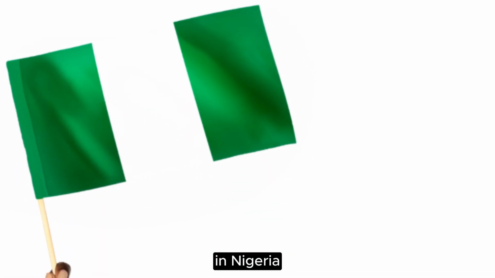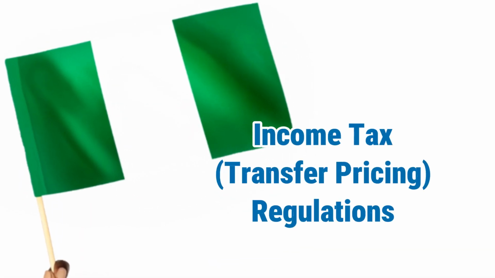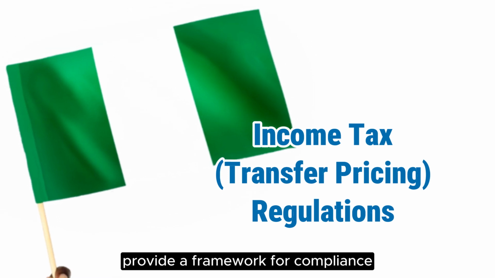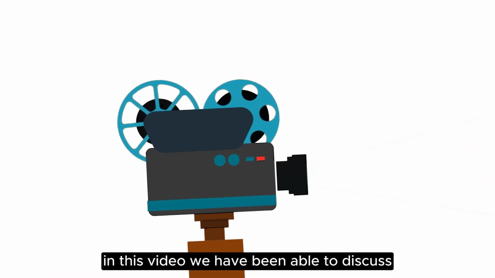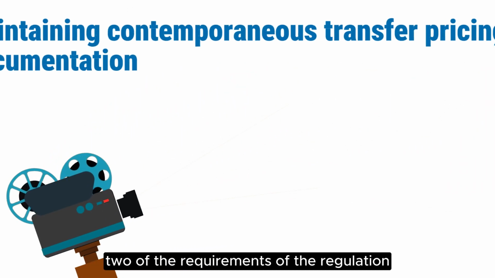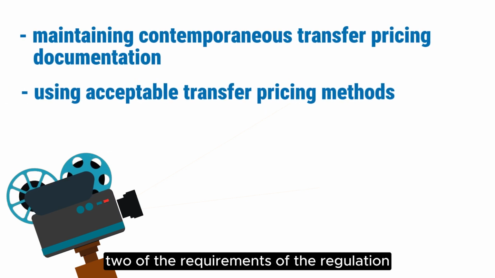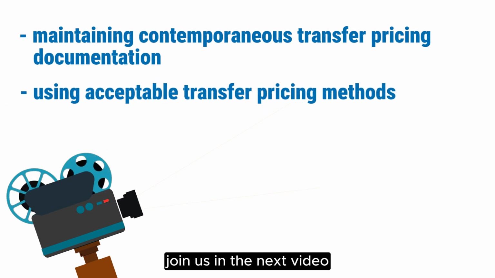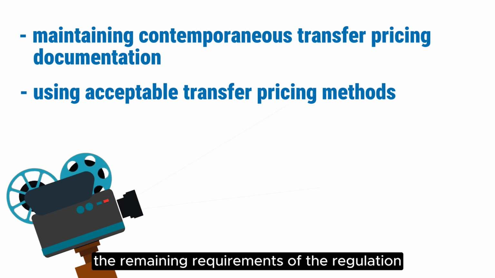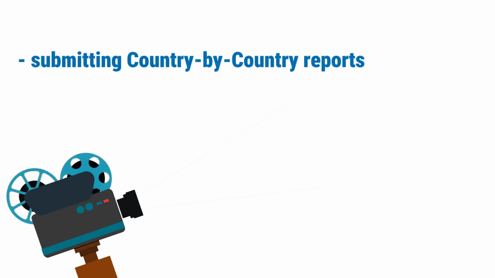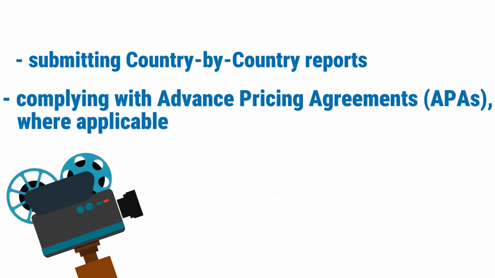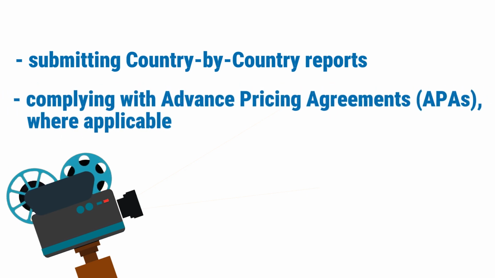In Nigeria, the income tax transfer pricing regulations provide a framework for compliance. In this video, we have been able to discuss two of the requirements of the regulation. Join us in the next video as we dive deeper into the remaining requirements of the regulation, which are submitting country-by-country reports and complying with advanced pricing agreements where applicable.